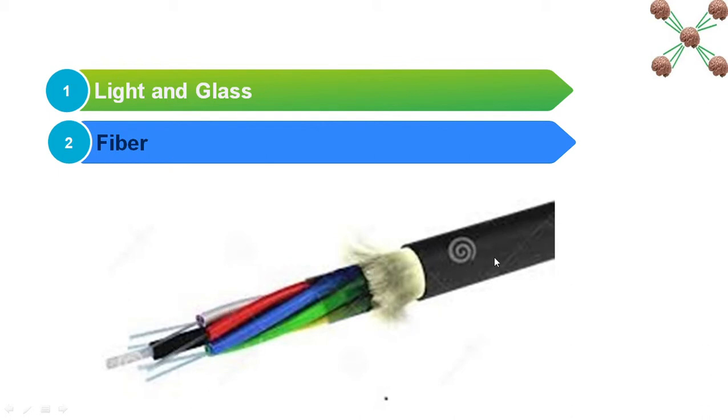Generally you can find this cable with 12 fibers or 144 fibers. The 144 is a bit thicker, but not too much. In the center there is one material that gives strength to the cable, because these are glass fibers.